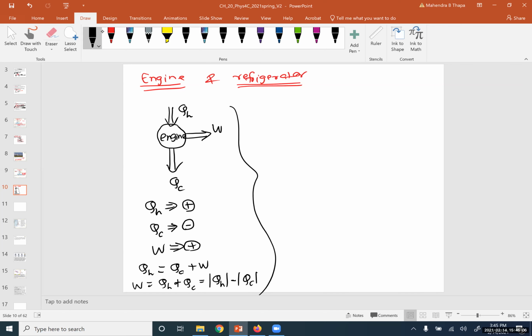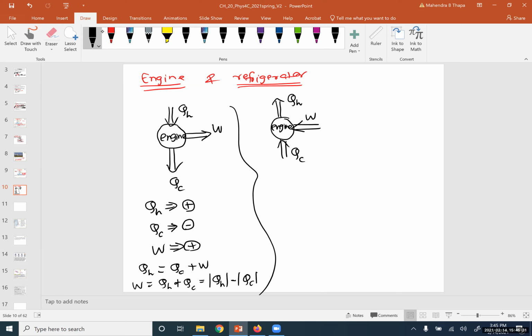If we talk about the refrigerator, what will happen? We are applying the heat QC, and work is done on the engine. The work is W, and the total heat to the source will be QH.